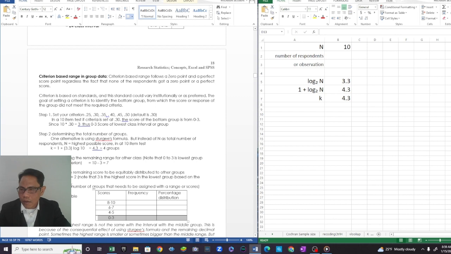So 7 divided by 3 is 2.2. Let's make that 2. Note that 3 is the highest score in the lowest group based on criterion, and the groups need to be assigned in the range of values. So create your table. So the first group is 0 to 3. Your second group is 4 and 5, 6, 7, 8, 9, 10.